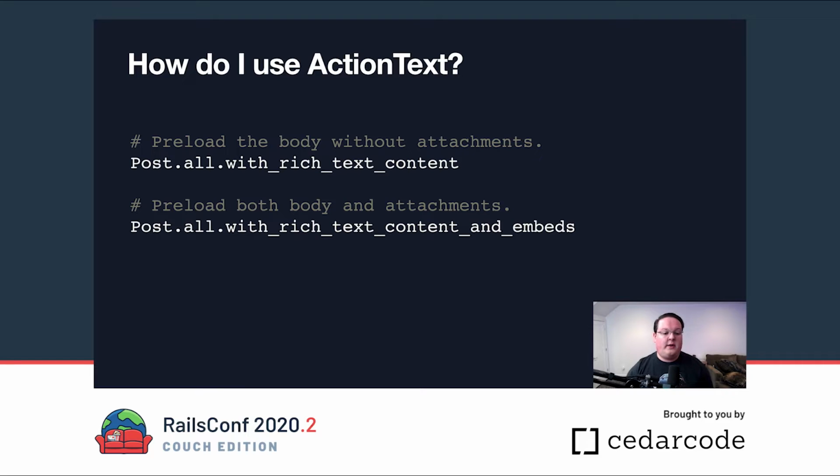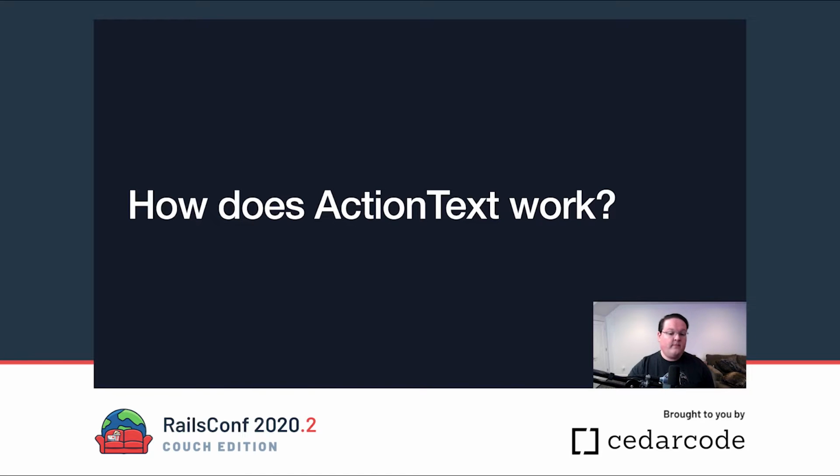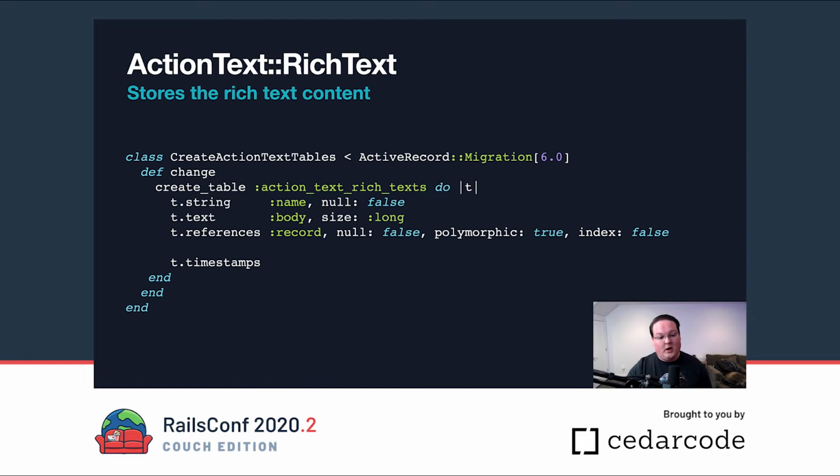And we can load the models, like all of our posts, with eager loading their rich text content. And you can also load the attachments as well if you say with_rich_text_content_and_embeds. It's going to make sure that it loads all of that stuff so you can render that out without any N+1 queries.